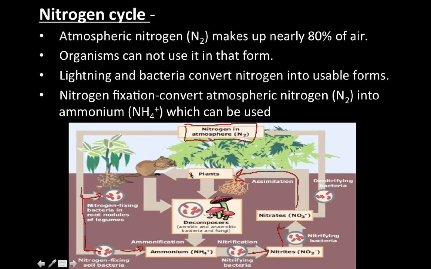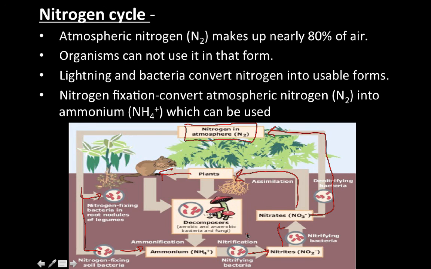That nitrogen is then moved up the food chain by these animals that are eating the plants. We also see something kind of kooky happen here. We have denitrification, so we take the nitrates and convert them back into N2. So that's another way to get that back into the atmosphere as well.